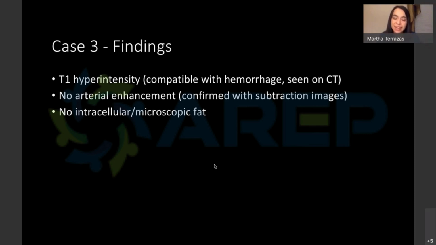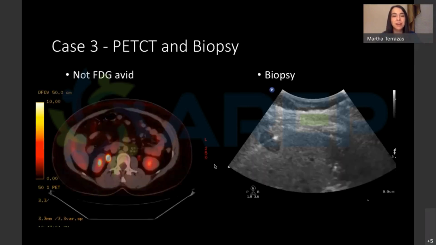We were thinking adenoma, but we were still concerned because of that history of thyroid cancer, so we got a PET CT. The PET CT showed that it was not avid. It did not have FDG activity. And then we did a biopsy because the clinical team was a little bit concerned because she did have that history of thyroid cancer.